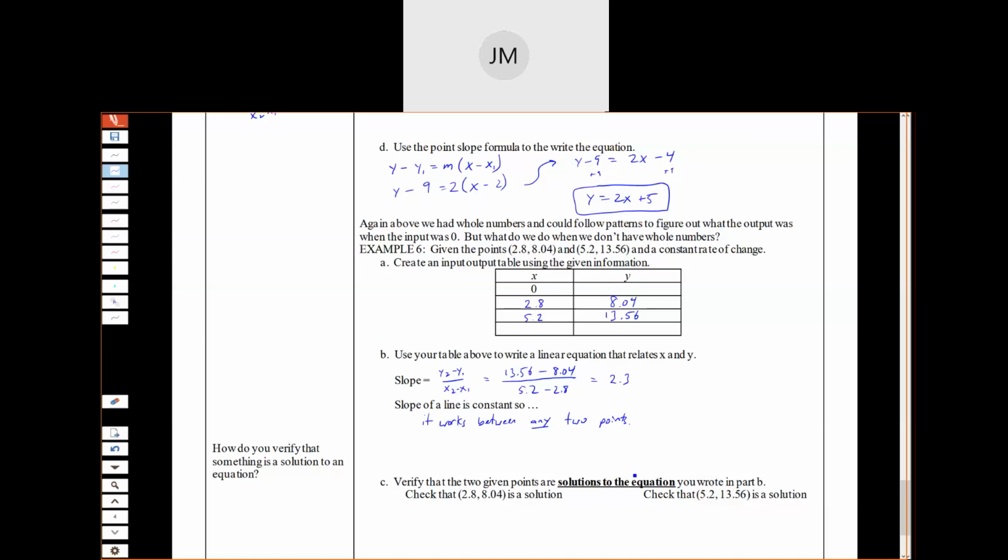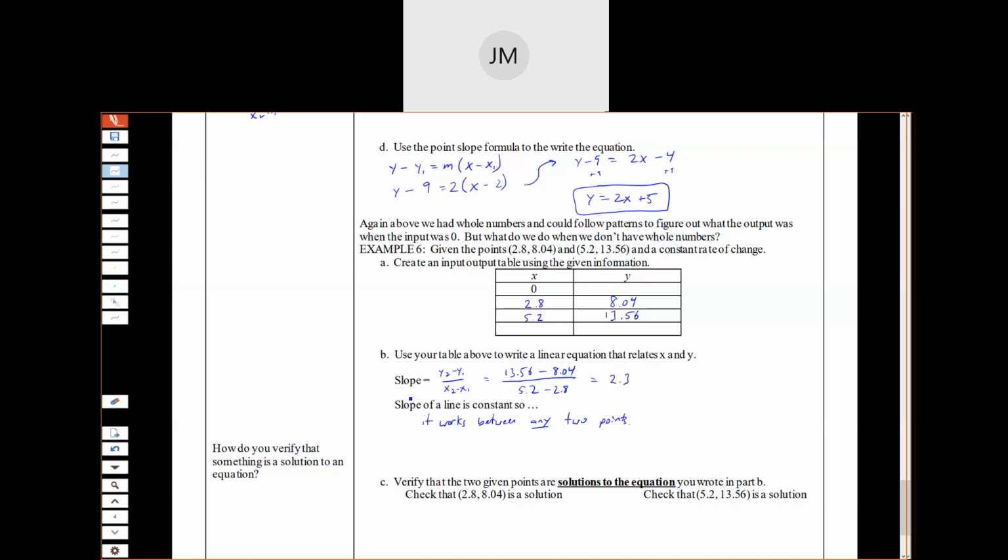So what I could do is I could just repeat my slope equation and fill in what I know and solve for what's missing. What I'm going to do, though, is I'm just going to keep things simple by just repeating the same steps that I've done in earlier problems.